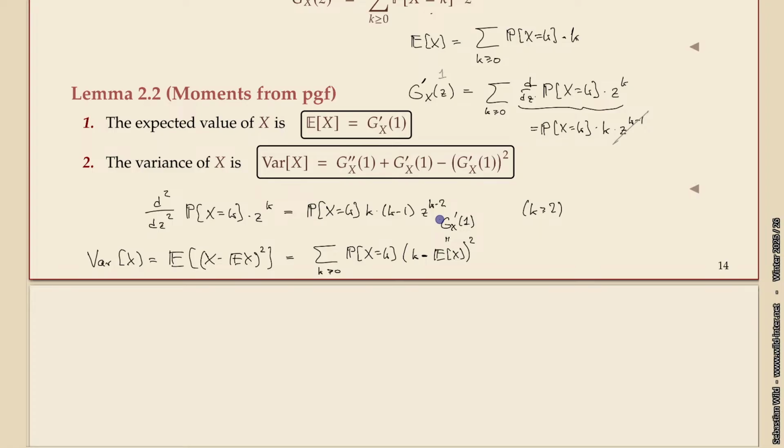If we look at this term on the right, let's expand this one more step. Okay, I'm going to write it again. And we have k squared minus 2k E[X] plus E[X] squared.